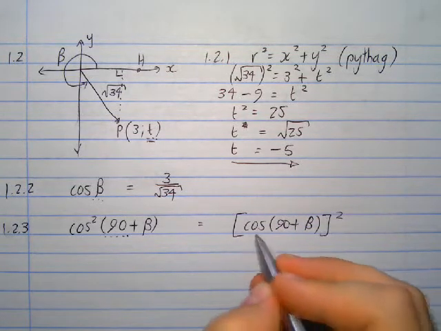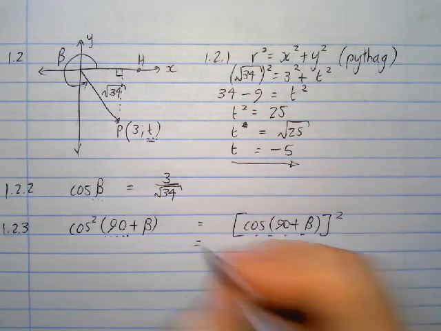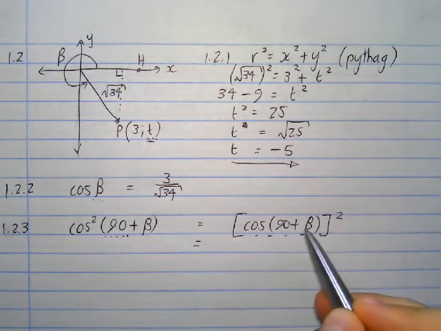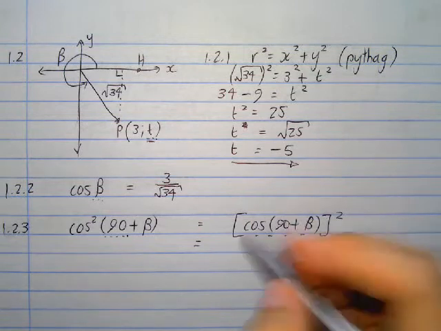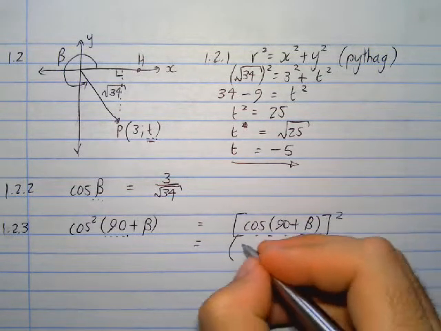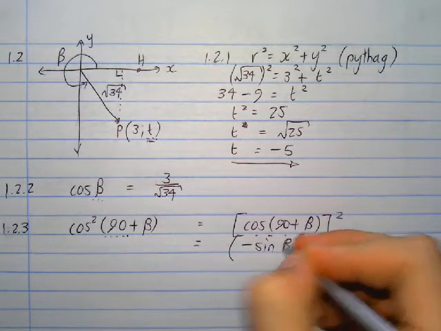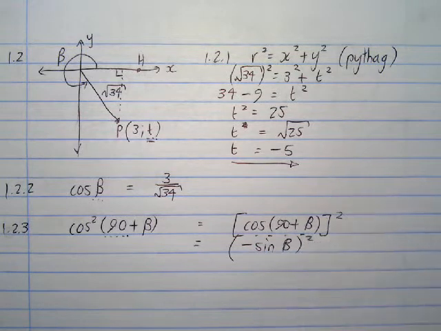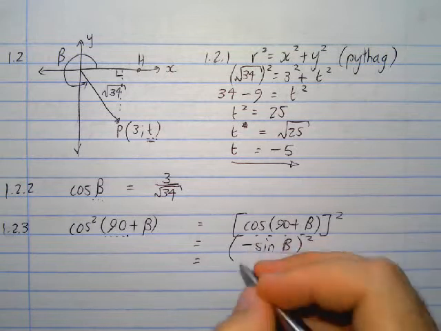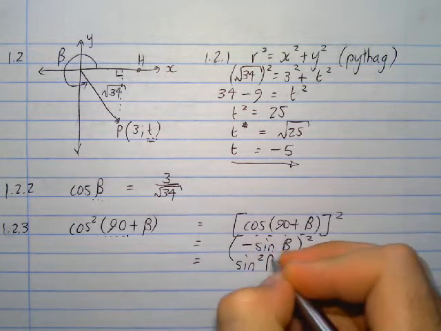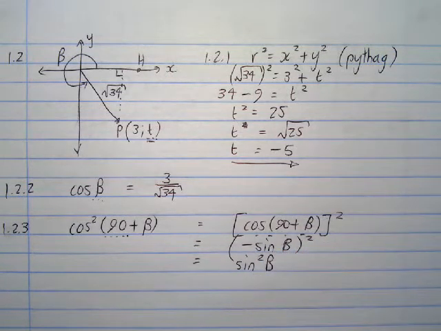Firstly, dealing with what's inside the big bracket, cos of (90 plus beta), co-ratios will tell us that is negative sine beta. Now, if we square it, the negative disappears, we're going to get positive, and that leaves us with sine squared beta. Final answer, done.